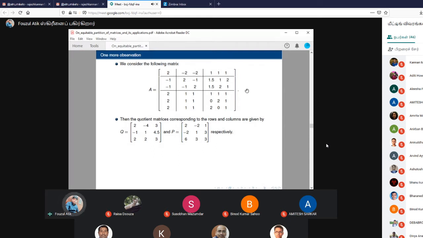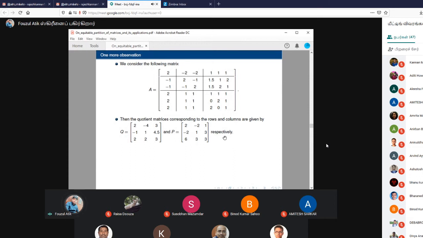Now, one may think that for the same matrix, if row sums are constant and column sums are also constant, and we are getting two different matrices P and Q, shall we get different eigenvalues? Shall we be able to explore some new eigenvalues if we have this kind of partition where column sums are also the same?